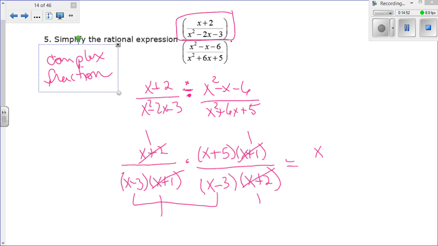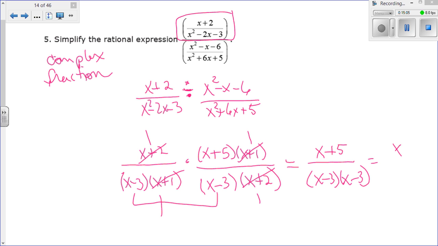So I have x plus 5 over x minus 3 times x minus 3. Some people like to write it as x plus 5 over x minus 3 squared, and either answer is actually fine.